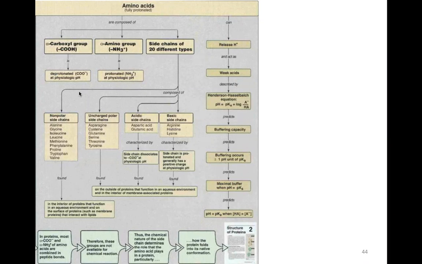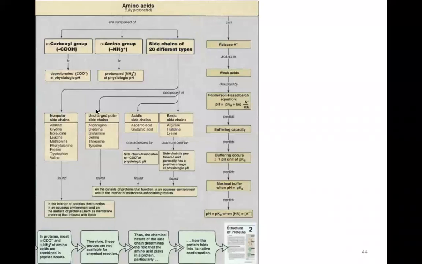If we look through the chart, we'll see that the carboxyl group is deprotonated at physiological pH, and so you have the carboxyl group, which is COO minus. Also the amino group, when it is protonated at physiological pH, gives a net positive charge, the NH3 plus. Also the side chain, we said the side chain can be composed of a non-polar side chain.